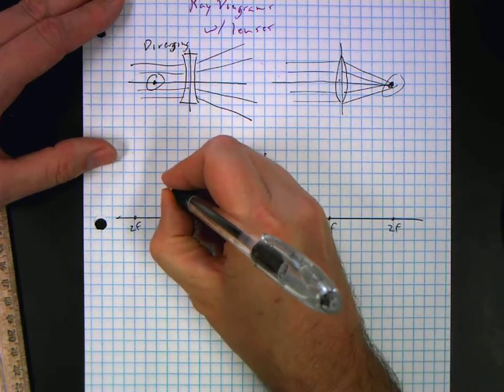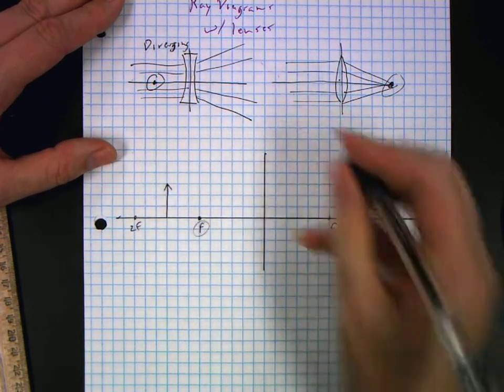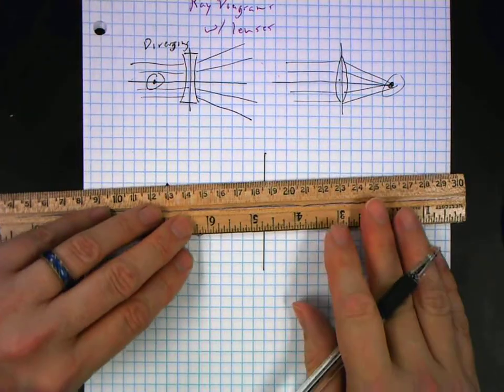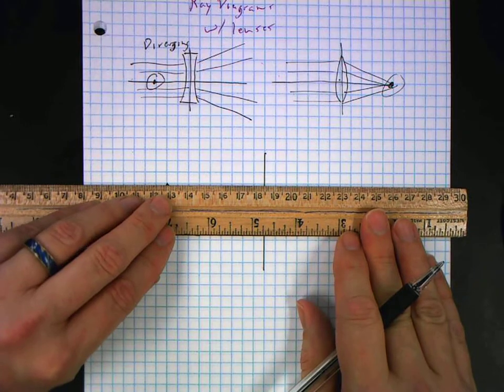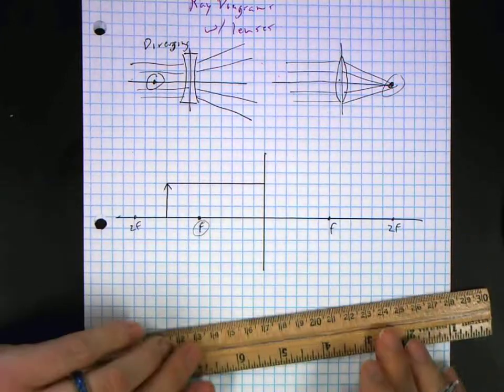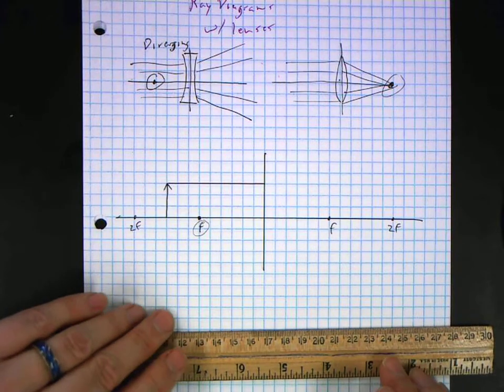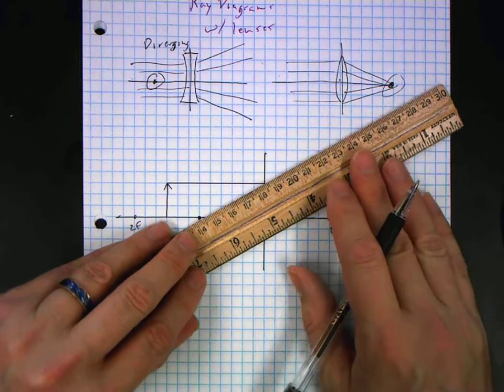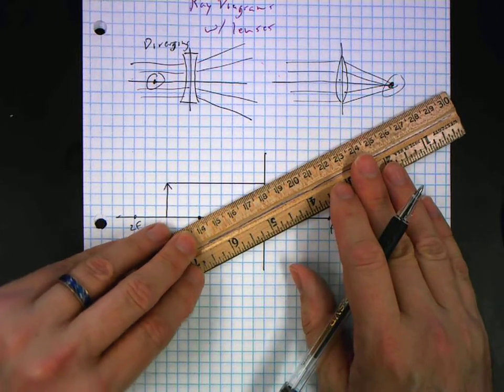So we're going to draw one image here, and I'm going to remind us of our 3 rays. The first ray, just like with mirrors, is the parallel ray. It comes in parallel, and then it goes through the true focal point, or at least it seems to come from the true focal point.